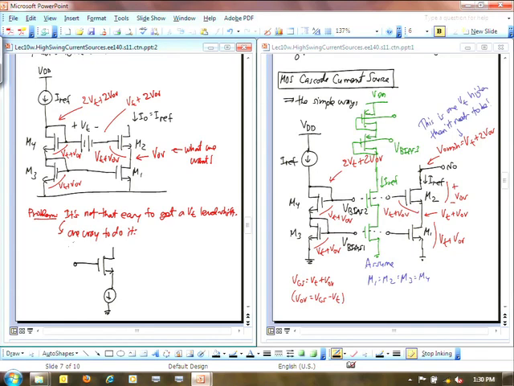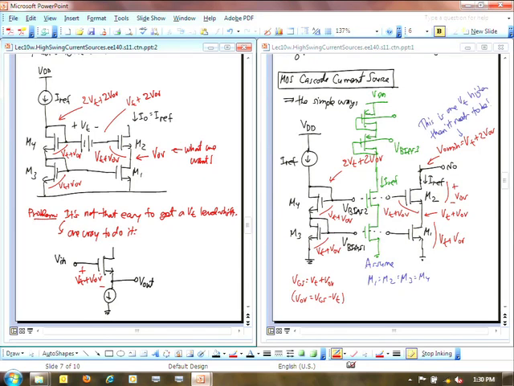So the output should be level shifted from the input, and we want that level shift to be VT. Right? But we know that if this is a saturated transistor, then this voltage is going to be VT plus VOV. It's not equal to a VT. All right? And we want just a VT level shift. Okay? So how can we get that VT level shift out of this transistor?